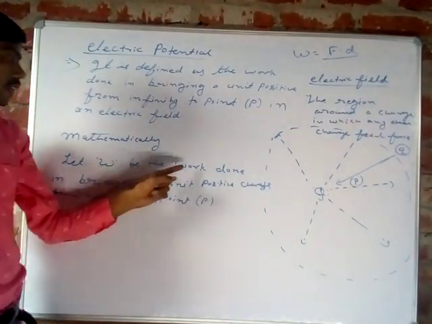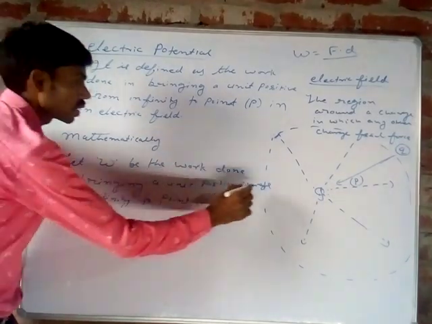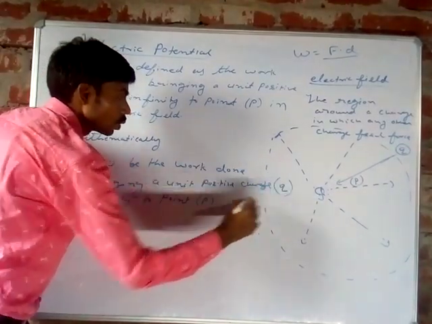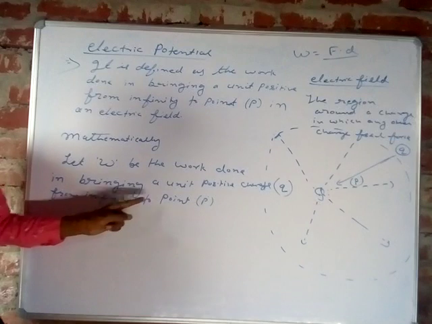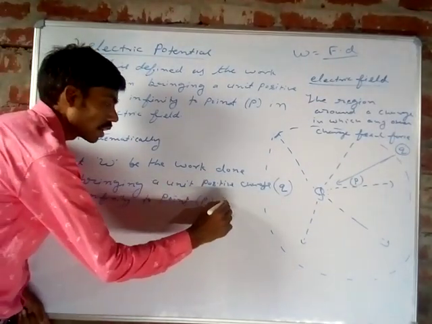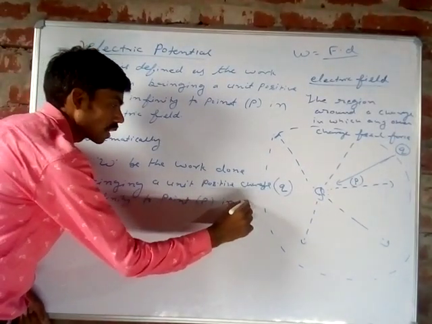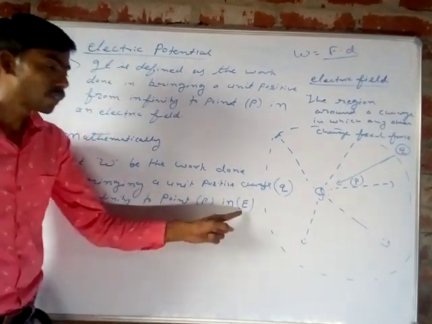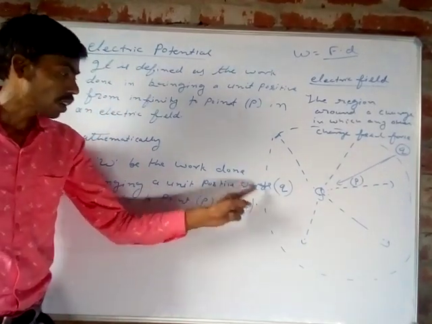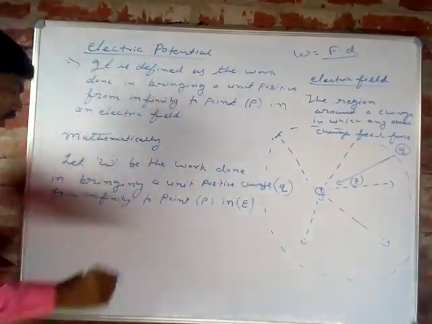Let W be the work done in bringing a unit positive charge q from infinity to point P in an electric field. The electric field is denoted by E. I have given it a symbol.